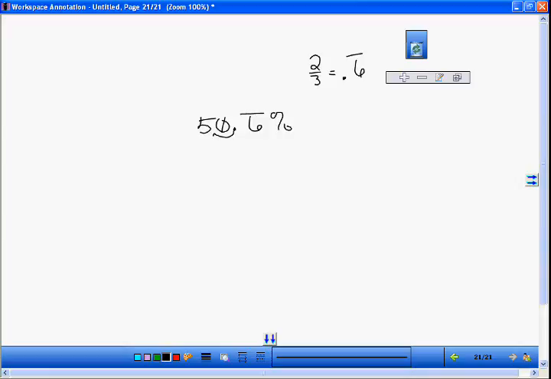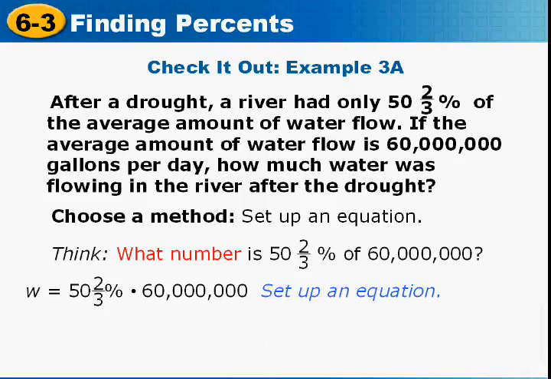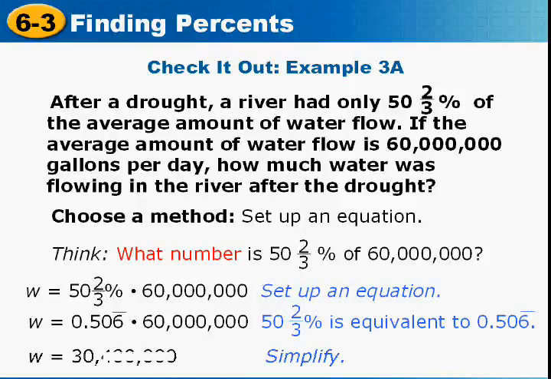I move the decimal 2 places left, and that means it's 506 thousandths with 6 repeating. No percent, we changed it from percent. So that's what I multiply by. 506 thousandths with 6 repeating times 60 million is 30,400,000.